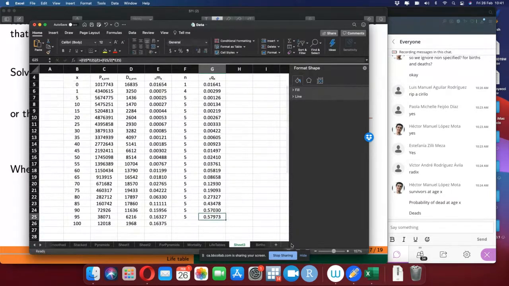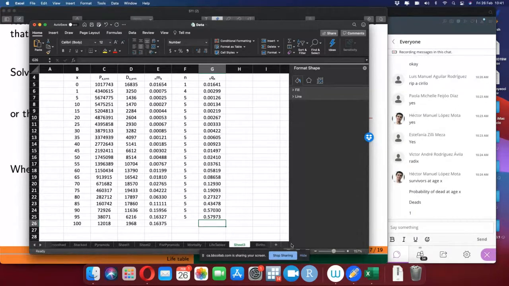But what value are we supposed to have in this last age group for the probability of dying before reaching the following age group? Exactly, it's 1. So we really didn't need the value of n because we know the last probability should be 1.